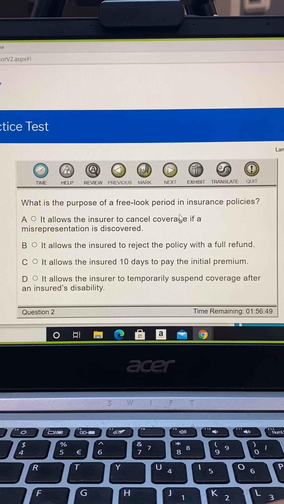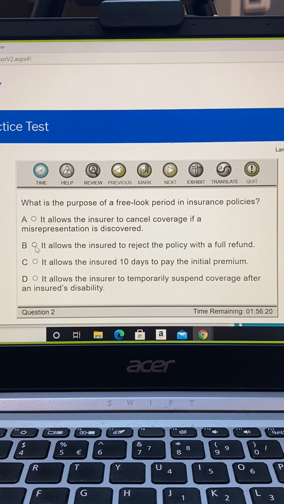What is the purpose of a free look period in insurance policies? I'm gonna read through it, because this should be a pretty simple one. Do you know what a free look period is? Yeah, that's normally a 10-day period that they can look over the policy and cancel with full refund if they want to.